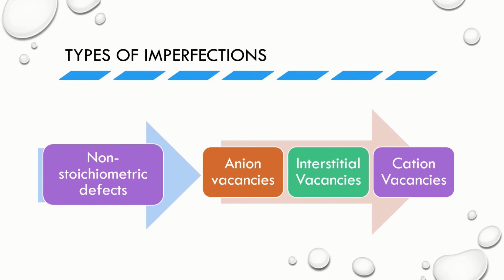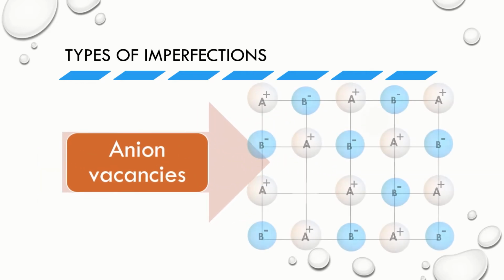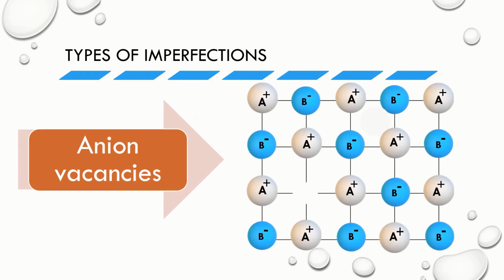When we talk about anionic vacancies, here a negative ion may be missing from its lattice site, leaving a hole which is occupied by an electron, which thereby maintains the electrical balance. The sites containing the electrons that are trapped in the anion vacancies are called F centers because they are responsible for imparting color to the crystals.